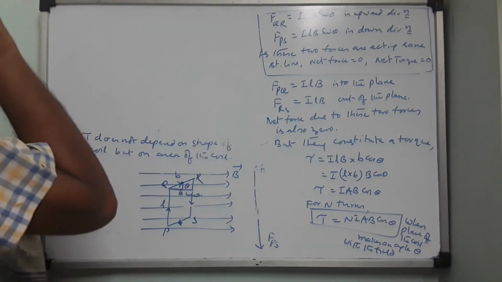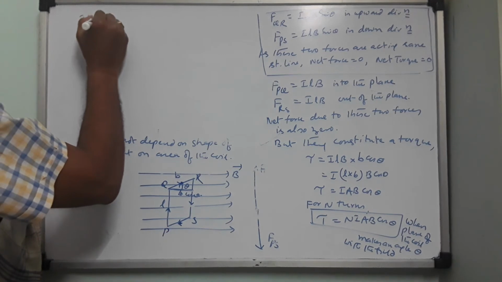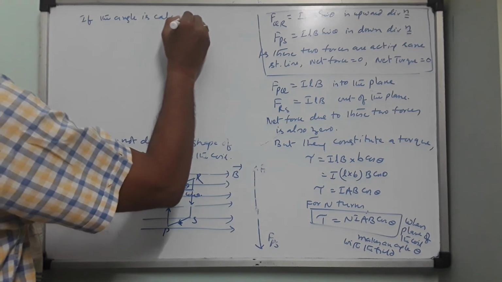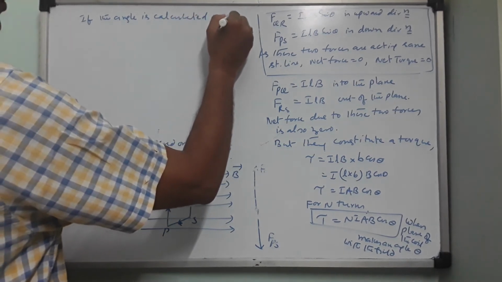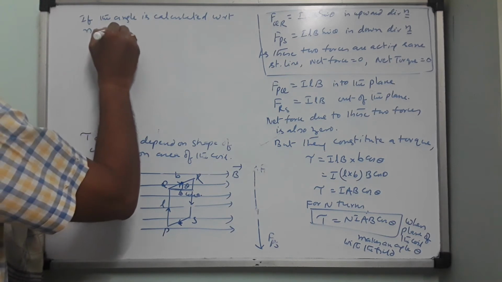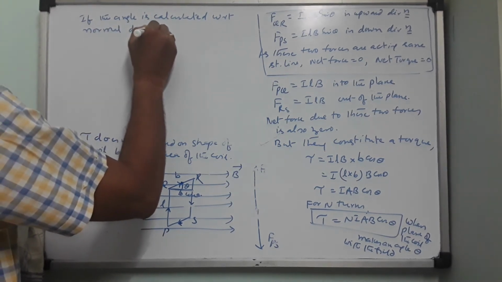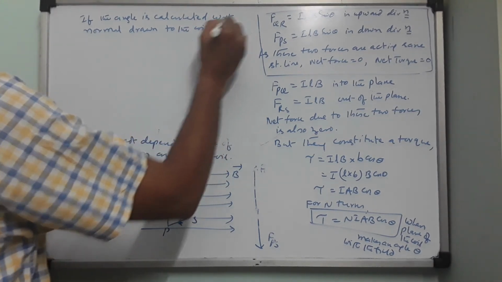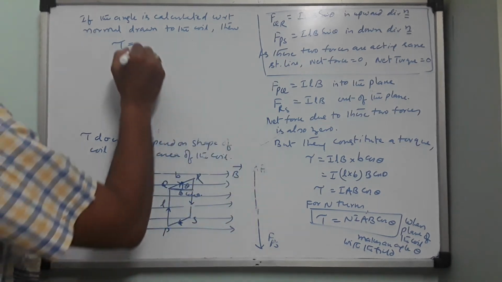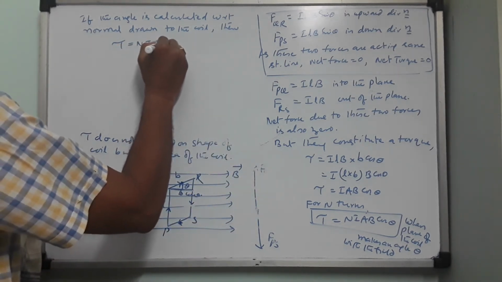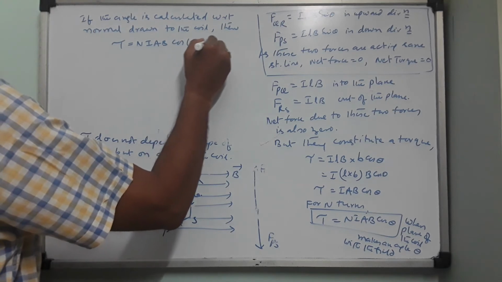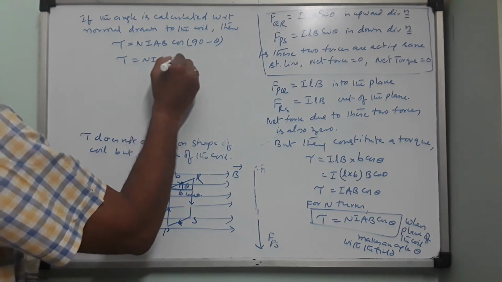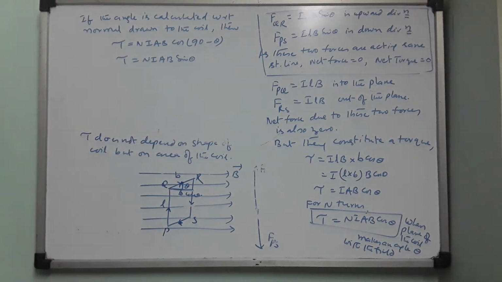Now if the angle is calculated with respect to the normal drawn to the coil, then tau equals NIAB into cos of 90 minus theta. So tau equals NIAB cos(90 minus theta), which is what? Sin theta.